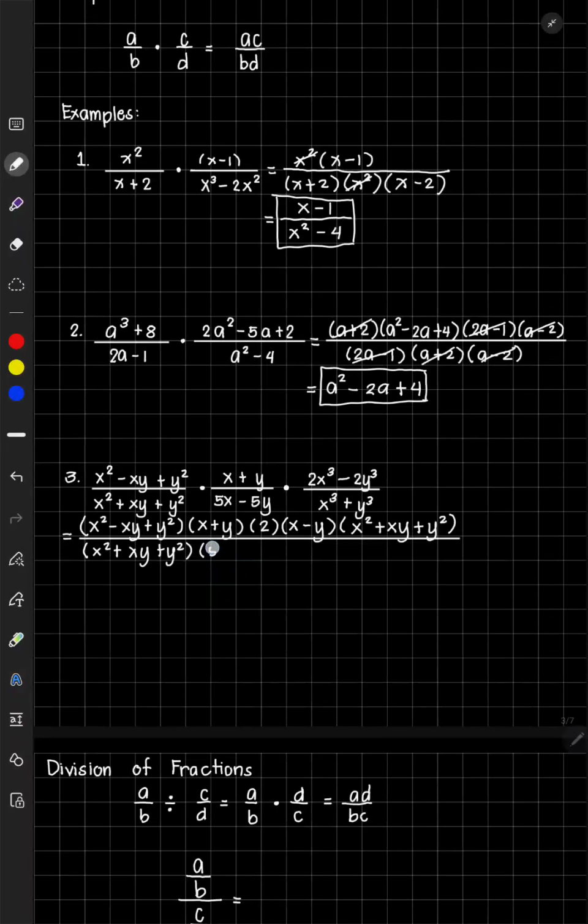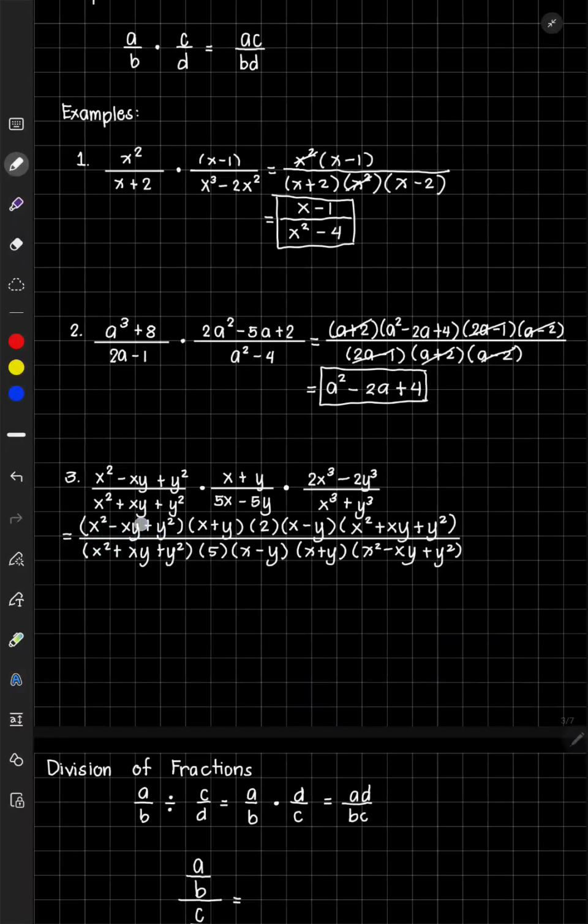So we have 5 multiplied by x minus y. While this one, we also have a factor for that as x plus y multiplied by x squared minus xy plus y squared. Then cancel out those that we can cancel out.